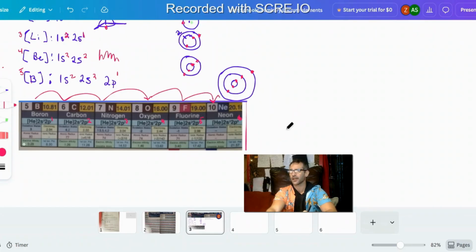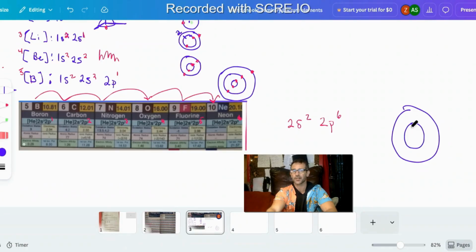So why is there a 10? Because 2s2, 2p6 is the outermost shell. What do I mean? Well, we know we're in the 2 sets. And we have that 1s2 in there. We're just not including it because they're only including the row's outermost shells.